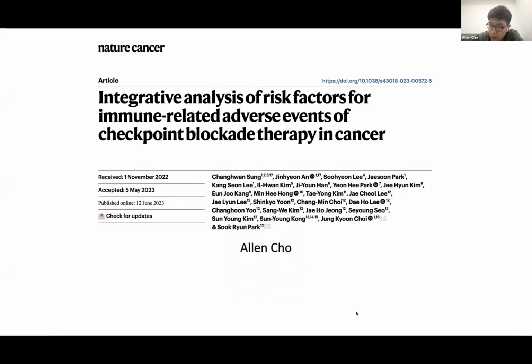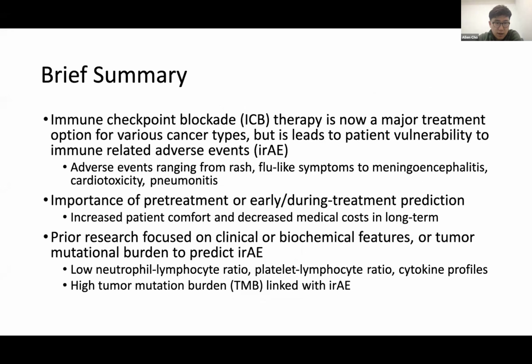This was the journal article that I looked up, and as everyone knows, we're looking at immunotherapy and how we can predict everything, and what is really being looked at in order to predict things like side effects and the effectiveness of treatment. I put in a lot of background information, but I'm sure everyone is familiar with it.